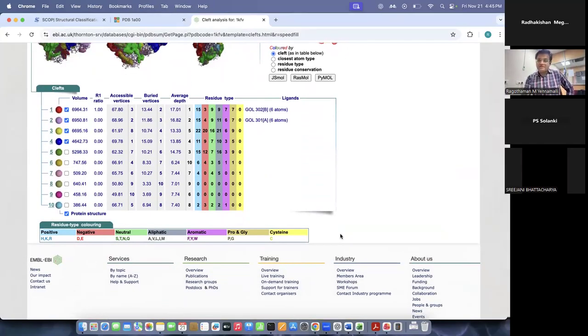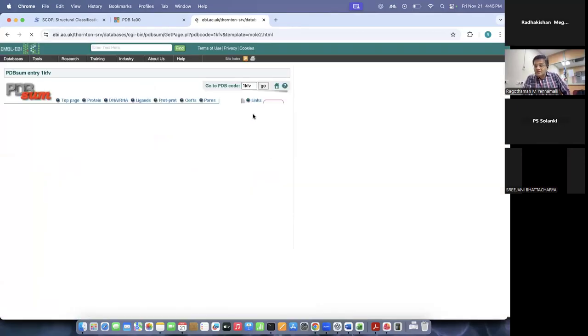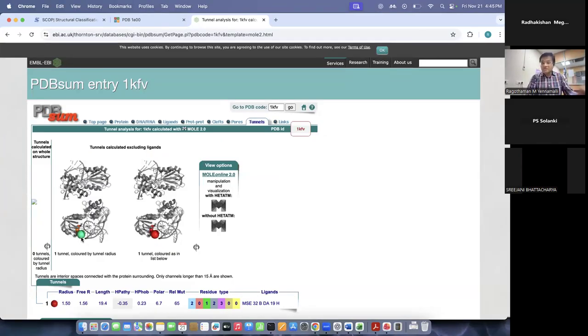If you're doing drug design, you want to have this go and bind to this. It's like a pocket, like my AirPods and the cavity that the headphones fit in. And if it is a channel protein, you will see tunnels. If it's a beta barrel, you will see tunnels. So do you have some space where a water molecule can go around, or some ion can pass through? All those details you can find in PDBsum.